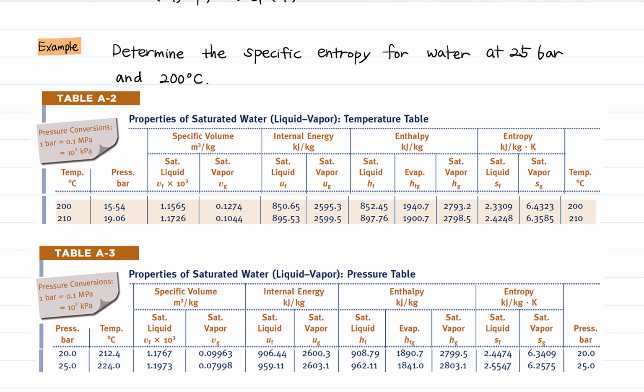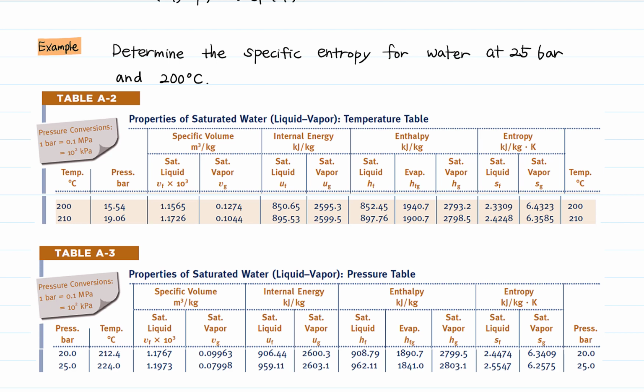Determine the specific entropy for water at 25 bar and 200 degrees Celsius. Let's say that compressed liquid data is not available for water at this condition. So we're going to use saturated water tables to approximate by the saturated liquid. We know the pressure and temperature, 25 bar and 200 degrees Celsius.